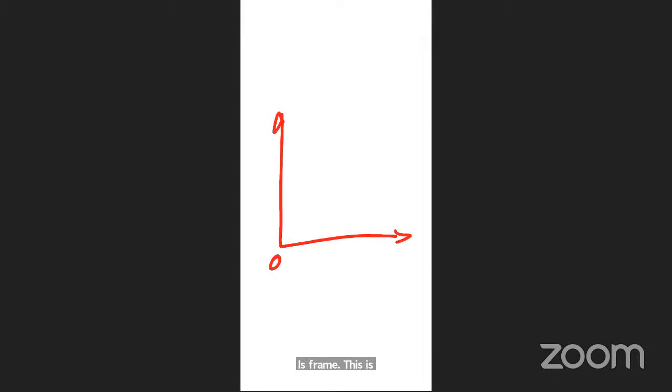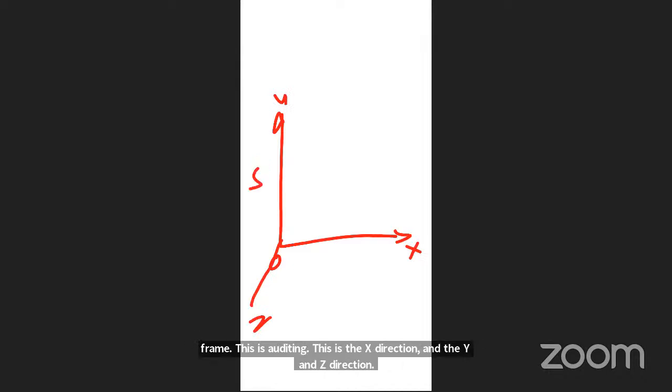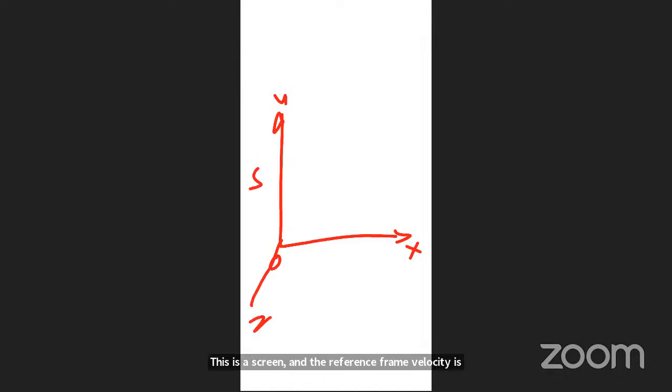First of all, consider two frames. The reference frame velocity is v. Let us consider two frames. This is the S frame, with its origin, x direction, and y and z directions. The reference frame velocity v is nearly equal to the light velocity.